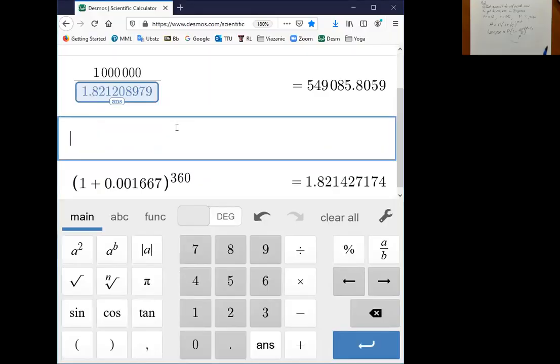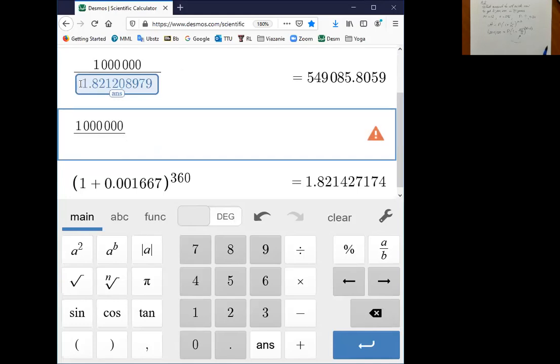On this step you can also see how important it is to round correctly. If you take only 5 digits from the previous answer, 1.8212, you will see that the first 5 digits are correct, the 6th digit is wrong. So you are close to the correct answer, but you're still not there. MyMathLab wouldn't recognize this answer, so be careful.